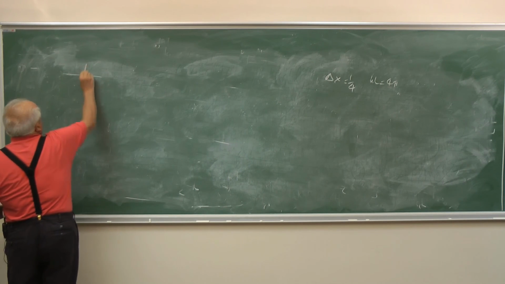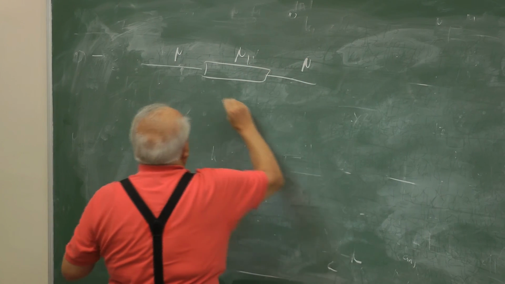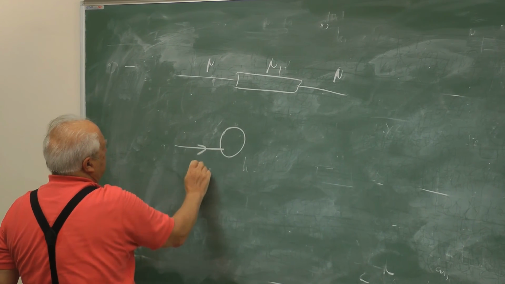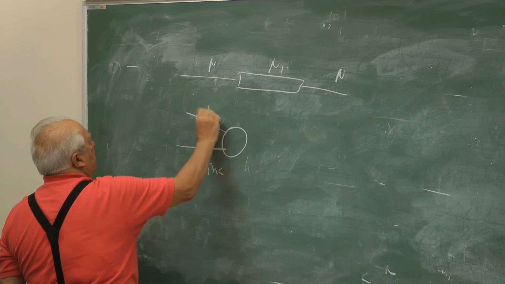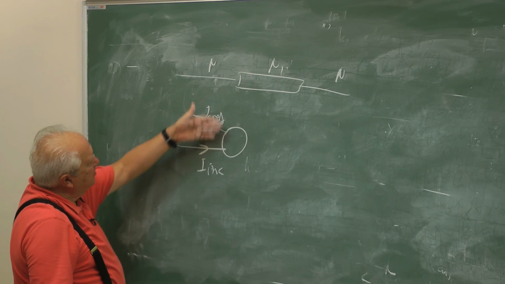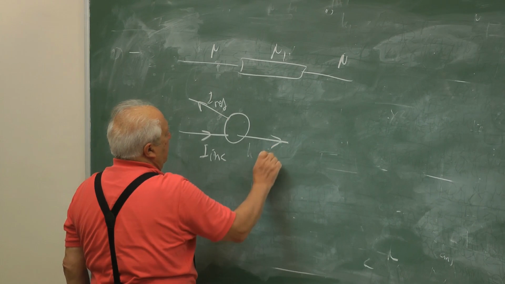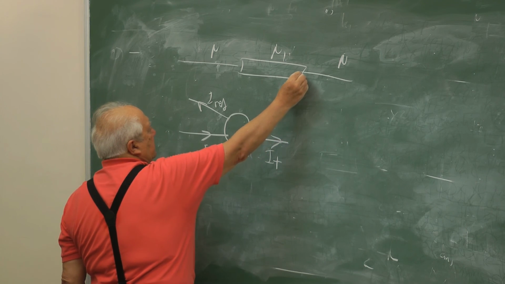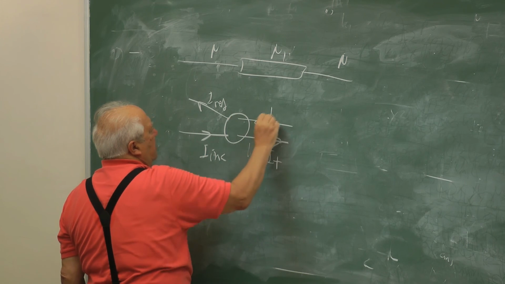So this is mu, this is mu1, this is mu. So at x equals 0, we have an incoming wave, I incoming, feeding, and I reflected going out. Now here, part of it will be transmitted into this, let me call it I plus, and again, there will be something that's coming from this one. So this will be I minus.